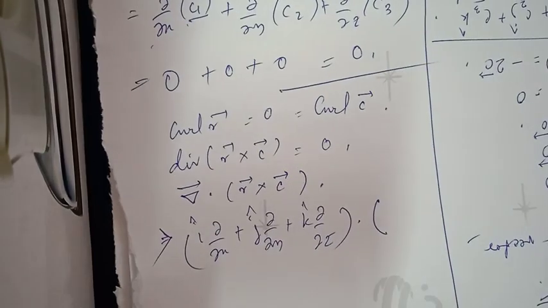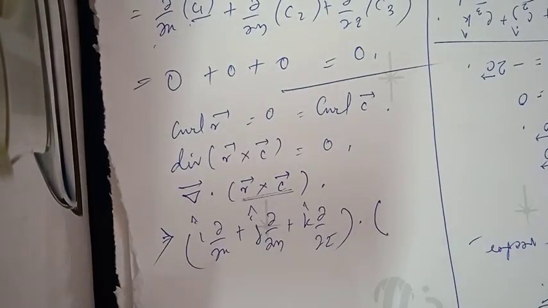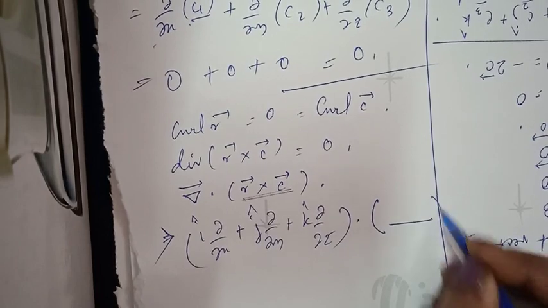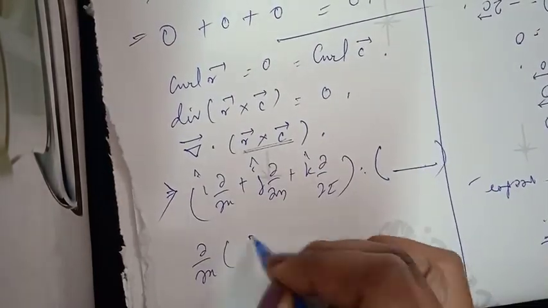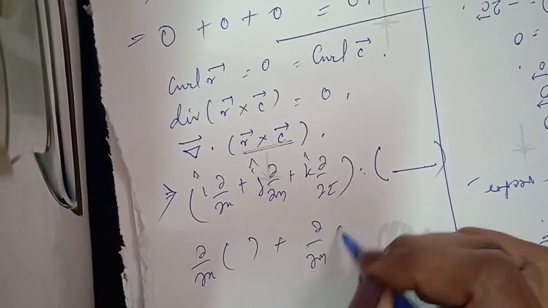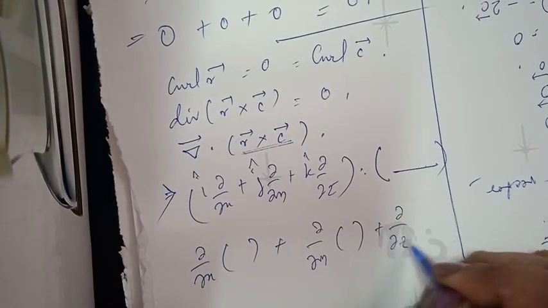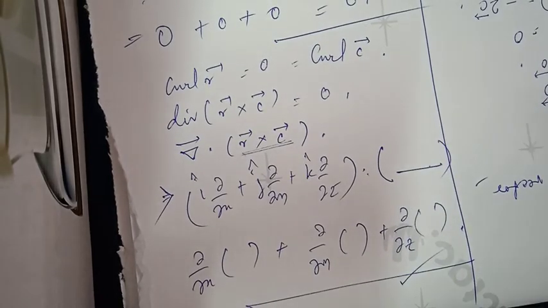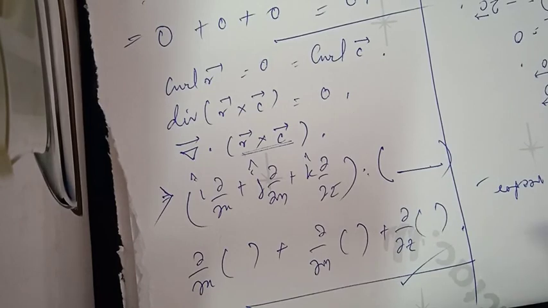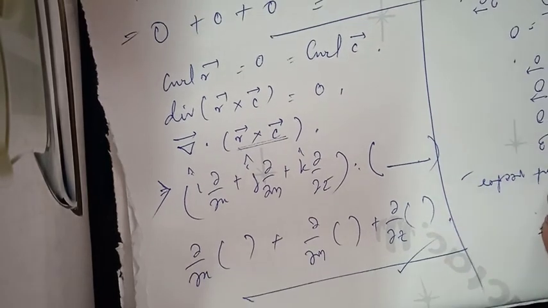You first need to calculate the value of R cross C over side, then put it over here and then find their dot product, that is del del x of some quantity plus del del y of some quantity plus del del z of some quantity. Okay, and you will get the result. Similarly, you can calculate the next one also, that is curl of R cross C will be minus 2C. Very simple examples. Next we will solve few more examples using R.